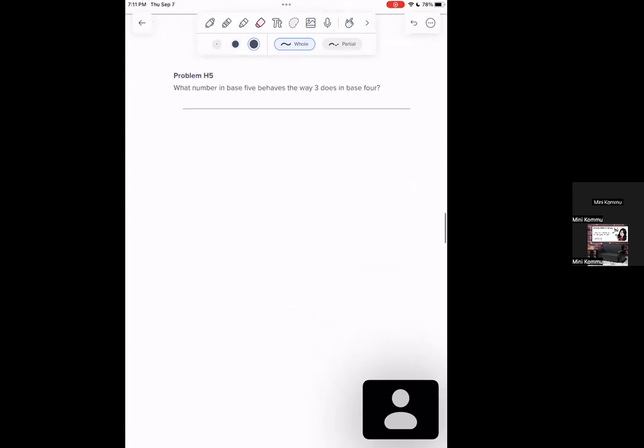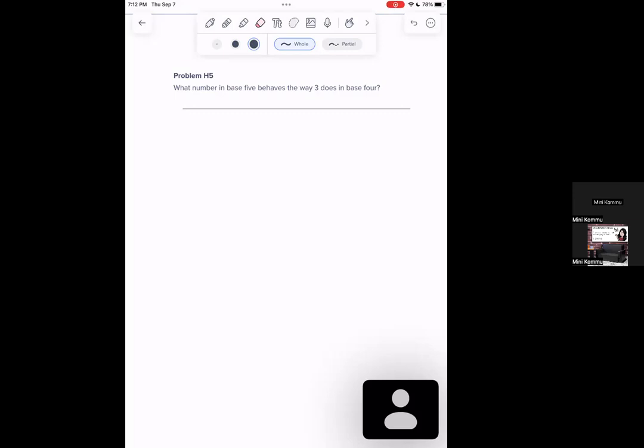Now let's go ahead. What number in base 5 behaves the way 3 does in base 4? Now in base 4, we will count by 4s.